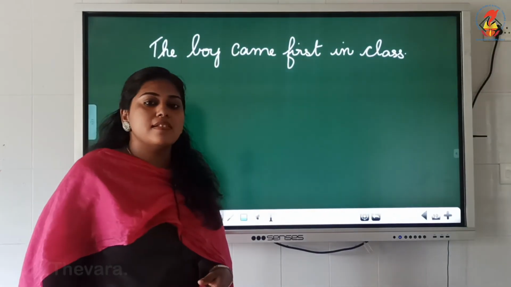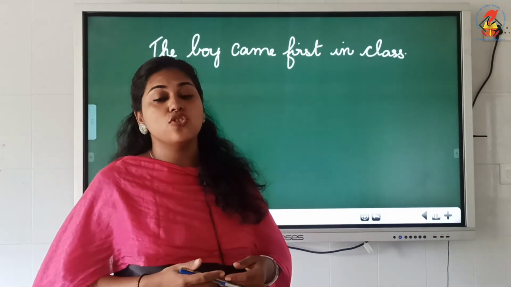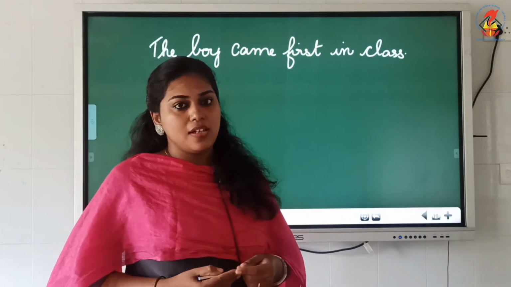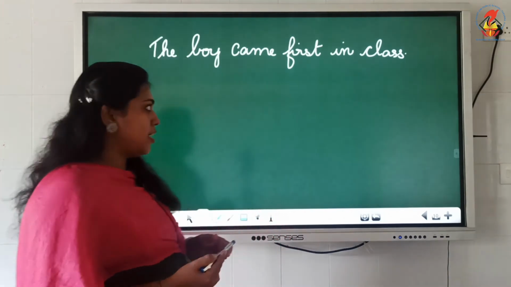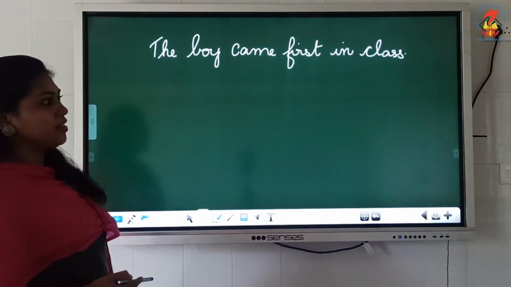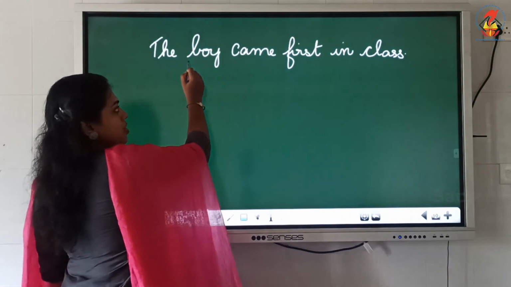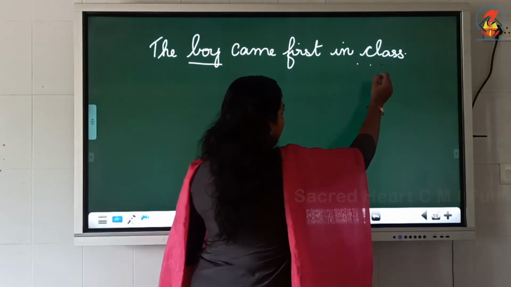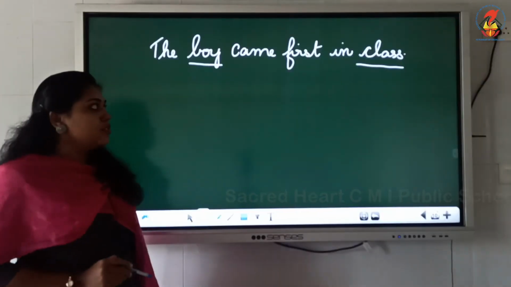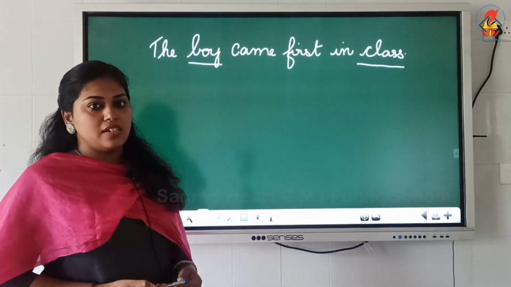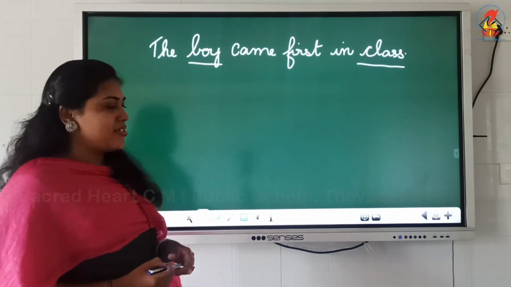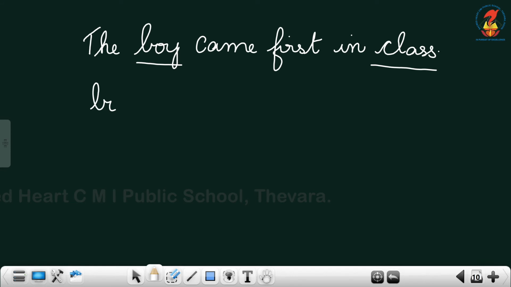In this sentence, sometimes you may get a question to identify the noun and state its gender. So at that time, what you have to do first, you have to identify the noun. The noun is boy. What is the other noun that you have in this sentence? Class. Now here you have to state what kind of gender it is. Boy will come under which gender, children? Yes, masculine gender. So you have to mention boy as masculine gender.